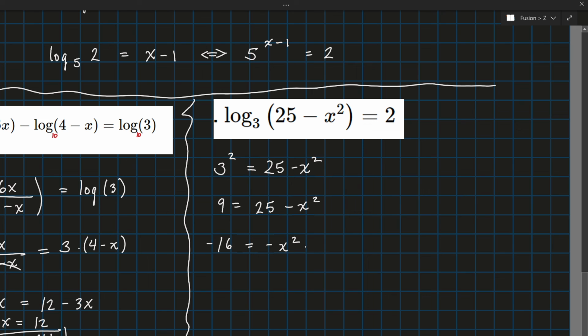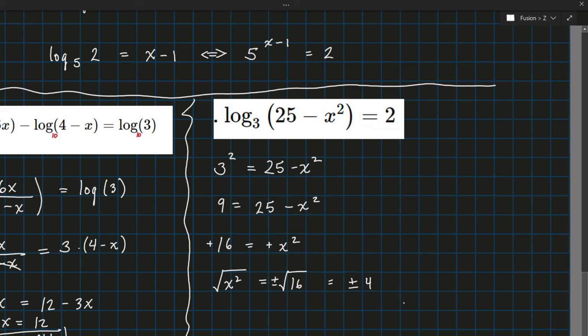So the negatives will cancel, and we get x squared equals 16, so x is the square root of 16. But I forgot to mention the other day that whenever you take the square root, you have to remember you could have either the plus or the minus. So that becomes plus or minus 4, but we have to check it.